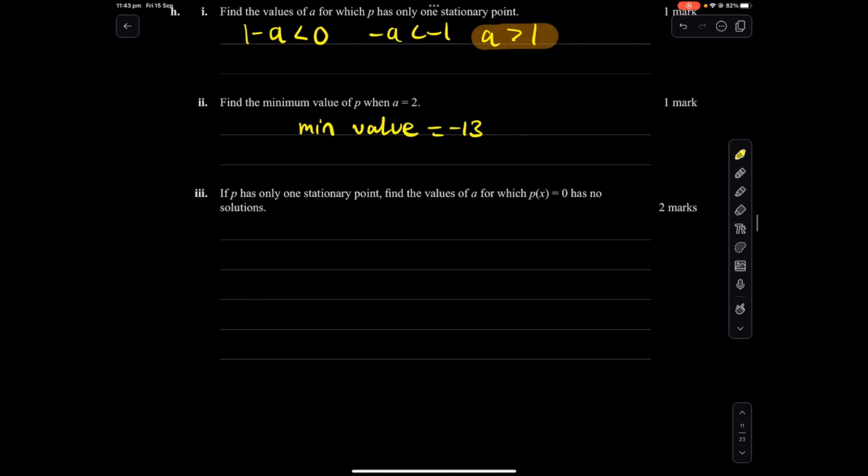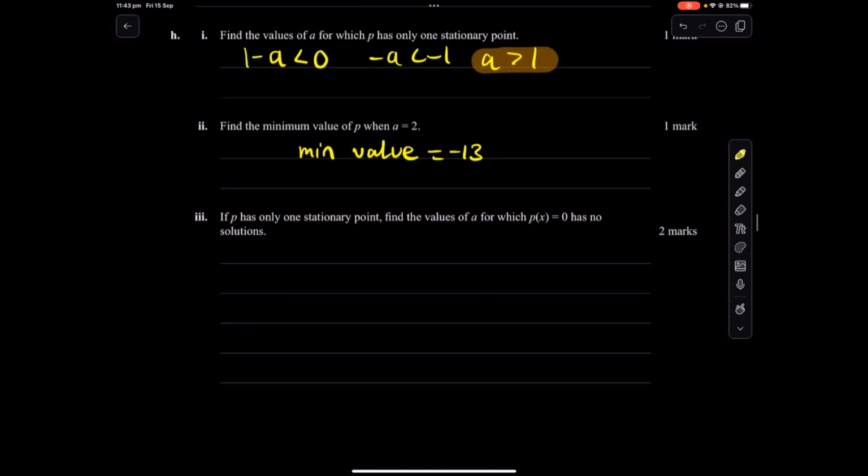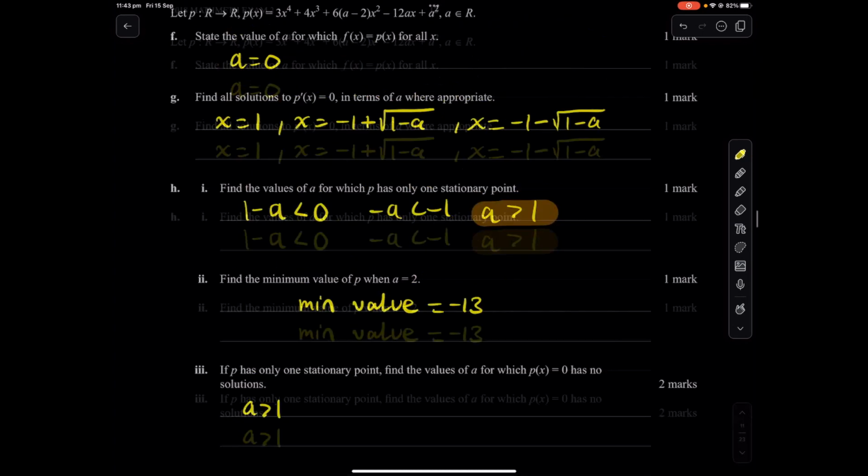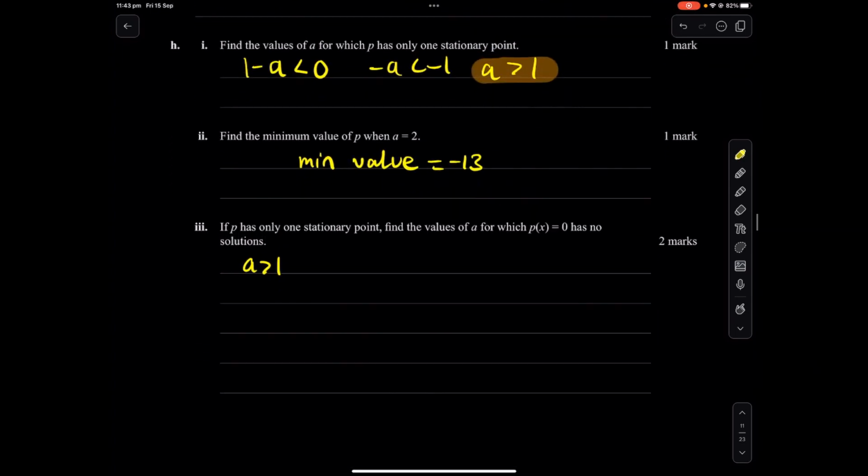If p has only one stationary point, okay, so we know that a is greater than 1 for it to have one stationary point. So if p has only one stationary point, find the values of a for which p of x has no solutions.